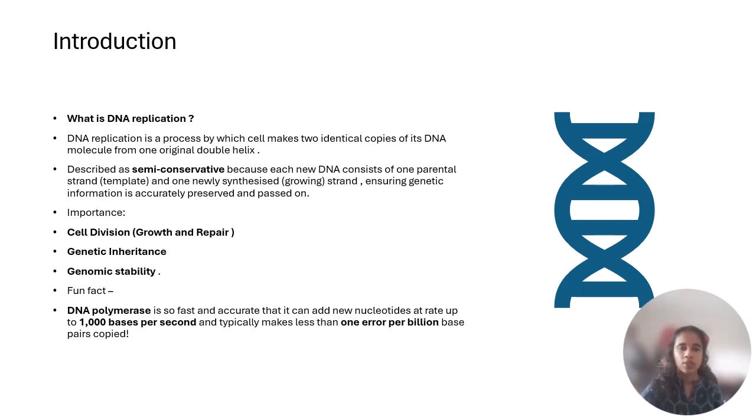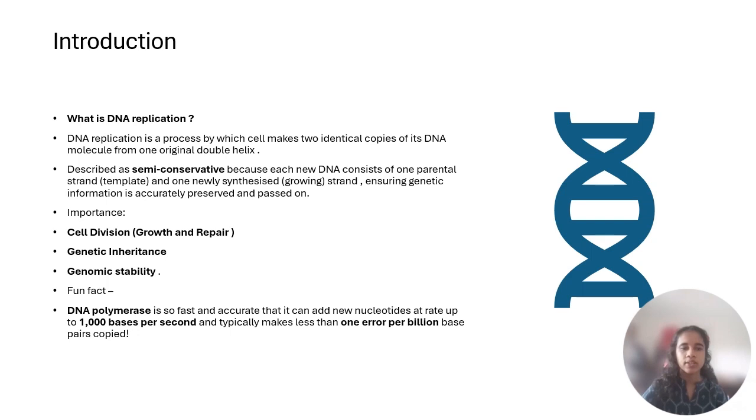One of the strands will be the parental strand, and that parental strand is taken as a template. It gives you a guide for the synthesis of a new complementary strand. That's how DNA replication occurs, and that's how two copies are generated.